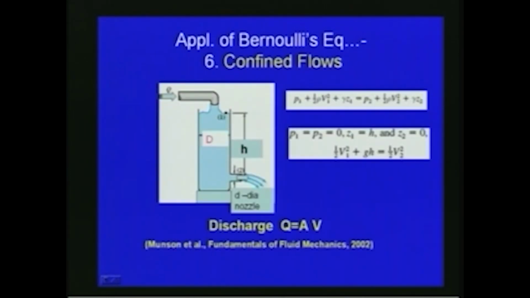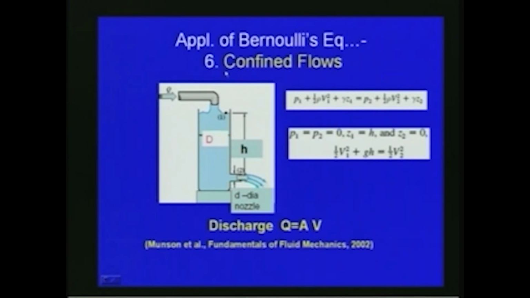Now we will see another case, the so-called confined flow. We consider the confined flow with respect to this tank as shown here. The flow is coming in this direction, and then the flow is going through another nozzle at location 2.